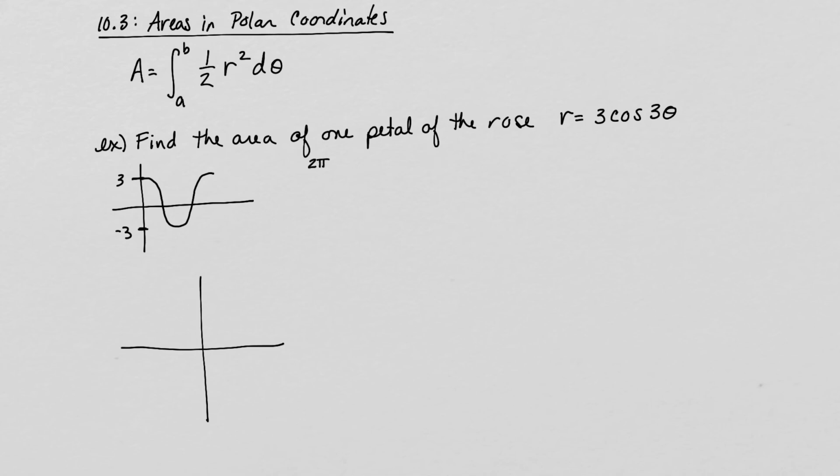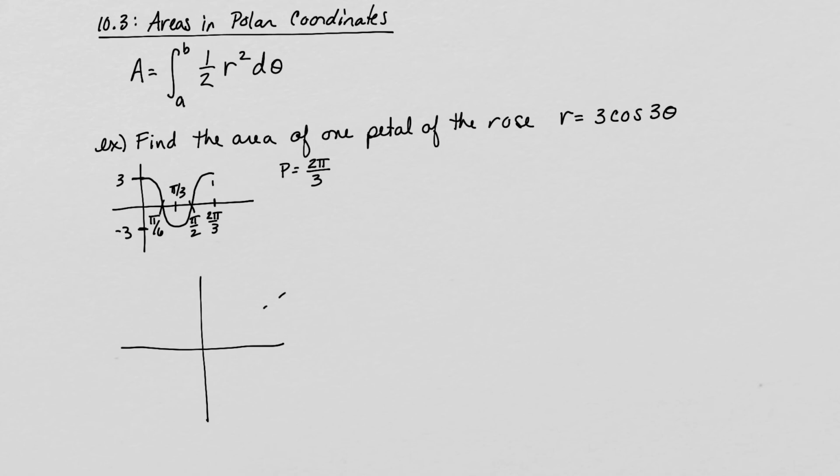It's 2 pi over b, so 2 pi over 3 is our new period. That means this point here is 2 pi over 3. Half of that is pi over 3, then pi over 6. 1 pi over 6, 2 pi over 6, 3 pi over 6, or pi over 2. And we keep going like we did earlier. But really, I just need to see what one petal of the rose looks like.